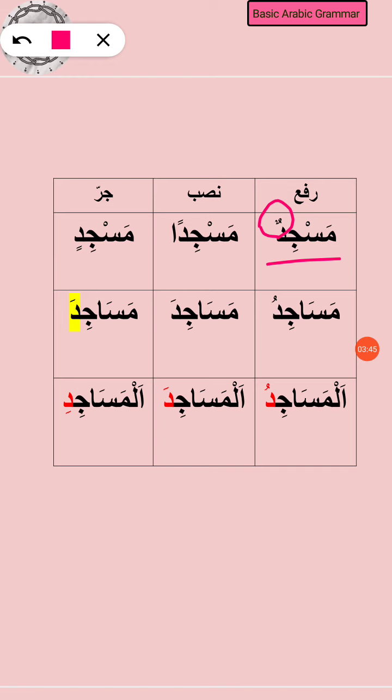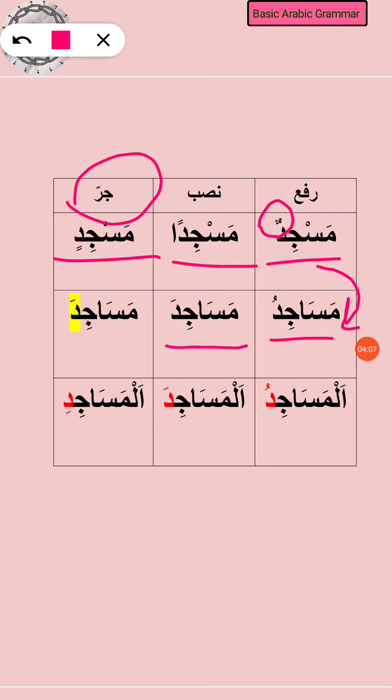So masjidin, a mosque, masjidan, again a mosque, and masjidin, a mosque, but in jar configuration. Then nakra, but plural, so we have masajidu. Masajidu is the rafa form, masajida is the nasab form, and masajida, again, since it is nakra without any al, it is masajida and not masajidi.